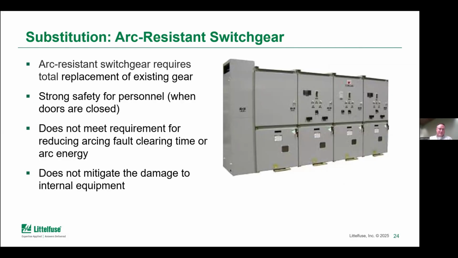So the photo perhaps doesn't have a great show of the plenum, but normally this energy would be directed upwards into a plenum that would be redirected outdoors, or somewhere where there's a designated area that people are not going to be. So it redirects that energy. So here in this picture, we see a plenum on the left side, with an opening that would likely be connected to another set of plenum there. So this does a great job of protecting personnel that might be standing in front of the equipment.